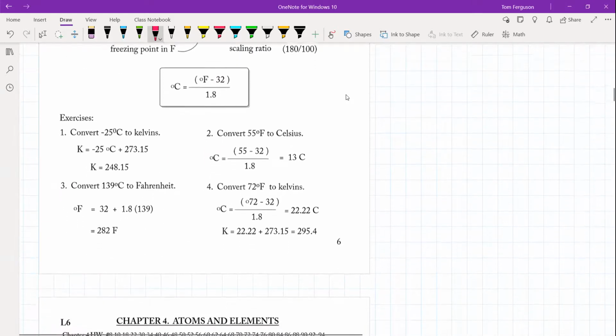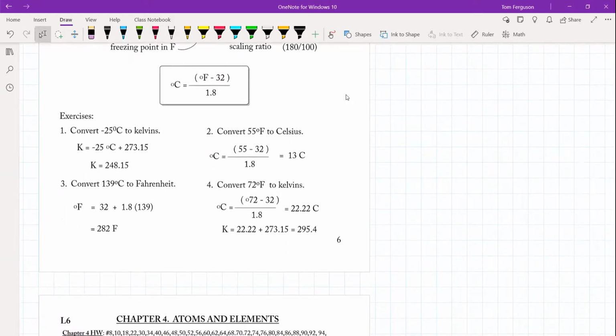Now, Kelvin and Celsius are really easy to interconvert. It's just the difference of 273.15. So if I'm saying we have minus 25 degrees Celsius, what's that in Kelvin? You just add 273.